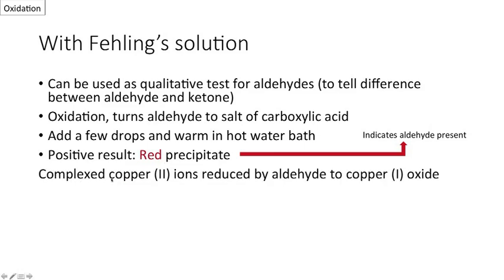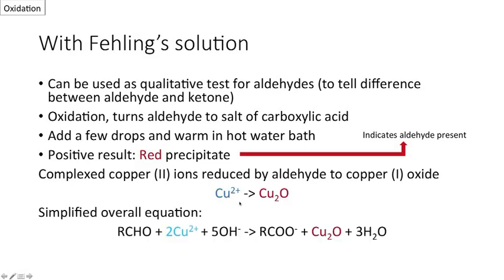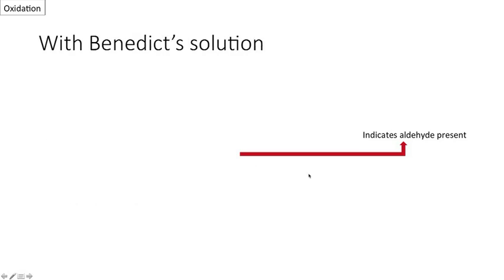And this is because the complexed copper 2 ions are reduced by the aldehyde to copper 1 oxide. So effectively we get this colour change through here. We've got our aldehyde, and we've got our colour change, you can see.